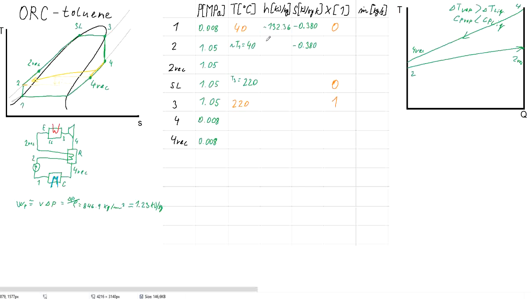And therefore the enthalpy at point 2 is the enthalpy at point 1 plus the work of the pump. So minus 132 plus 1.23, and we get minus 131.12. And for the quality, it's subcooled liquid.